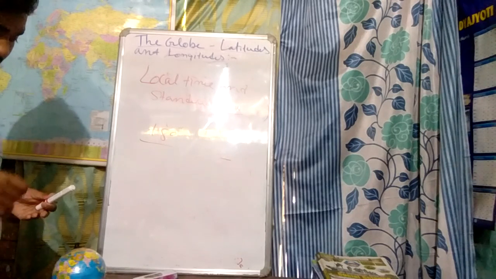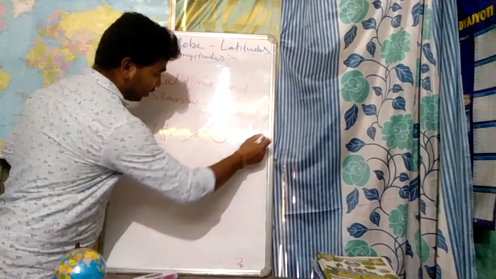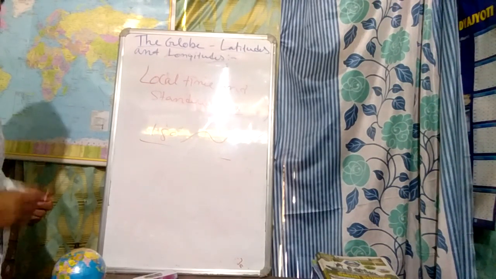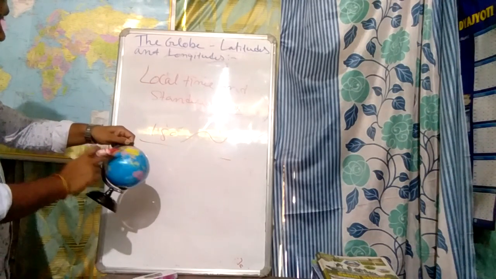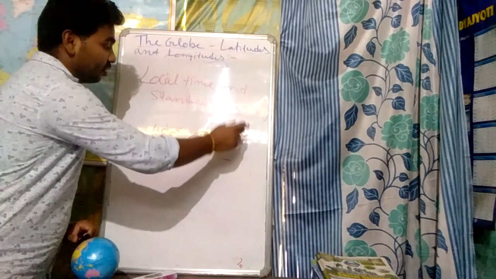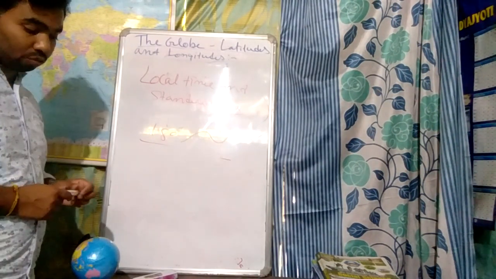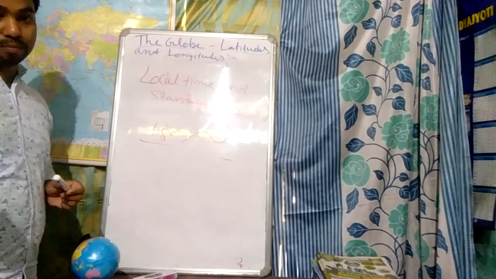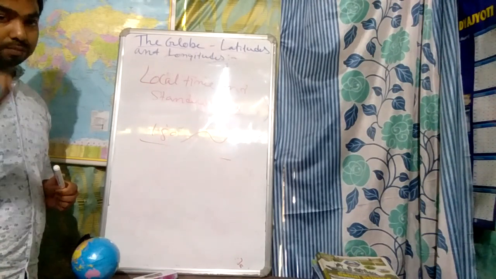This line is drawn on the map in a zigzag manner because of the islands, and in these places mostly there is oceanic cover, water cover. So this line is drawn zigzag due to the different physical hazards. Okay, thank you. I think this chapter is finished.